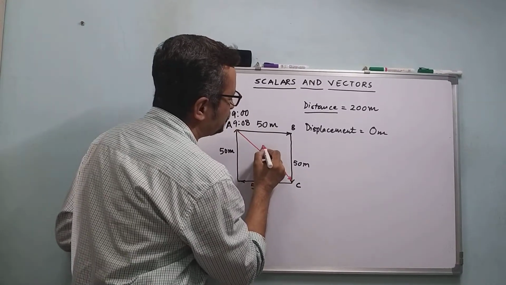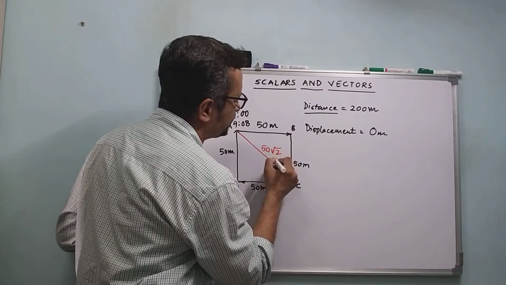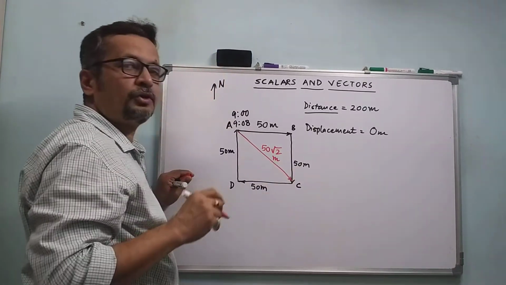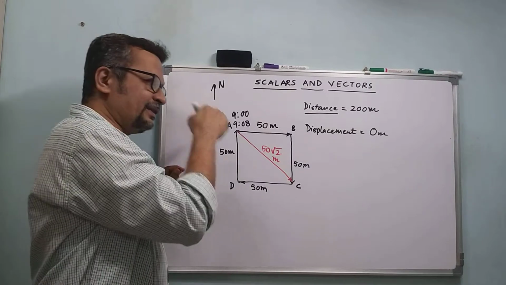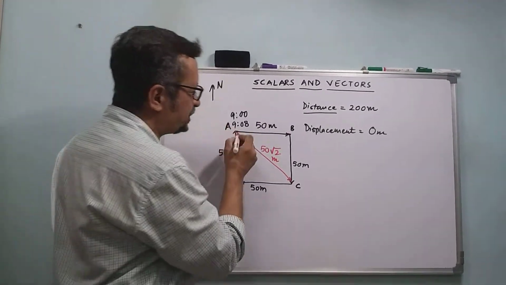And then that is going to be equal to 50 root 2 meter. So it is not 100 meter, it is less than 100 meter, and that is what is displacement. So displacement is from A to C.